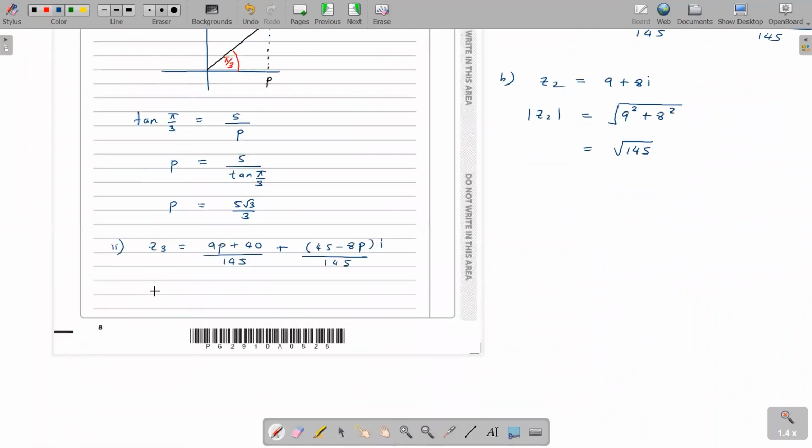So let's get it. Nine times 5 root 3 over 3 plus 40, over 145. Can you see what I'm doing here? 45 minus 8 times 5 root 3 over 3, divided by 145.